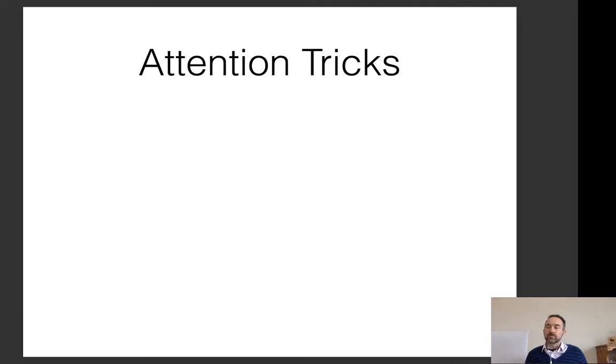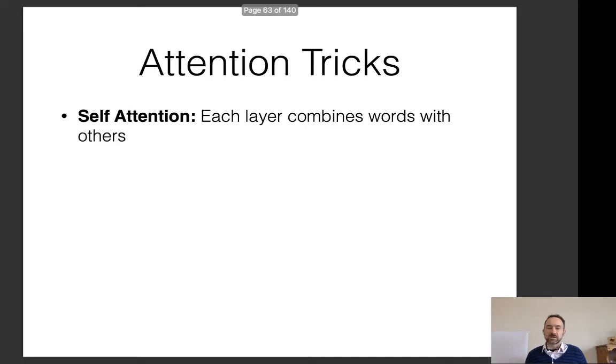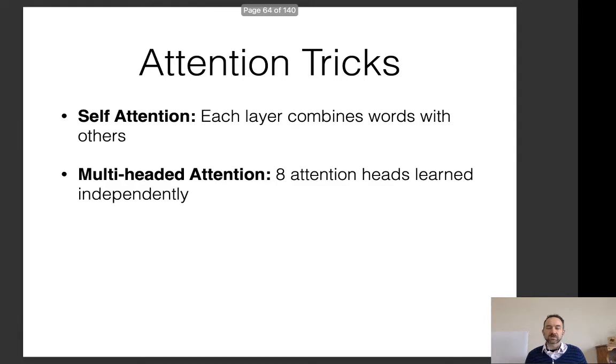One important thing is that it uses a bunch of tricks, both in modeling the attention and in training. So it uses self-attention. Both the encoder and decoder use self-attention to encode each individual token as a linear combination of the other tokens in the sentence.